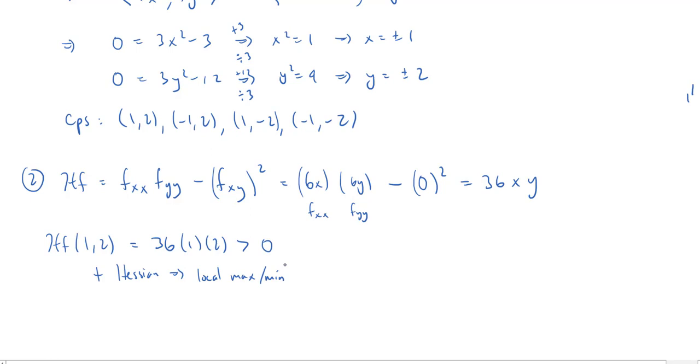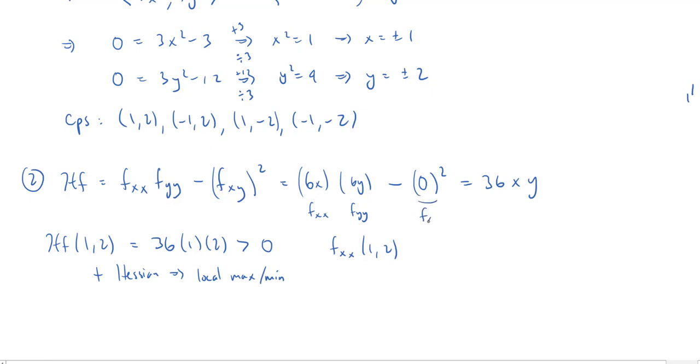The way we can determine it is by looking at the concavity in either the x or the y direction. By convention, we always seem to do the x direction. So let's check that concavity. We get the concavity in the x direction by checking the sign of the second partial derivative. At 1, 2, fxx, we know that was 6x.